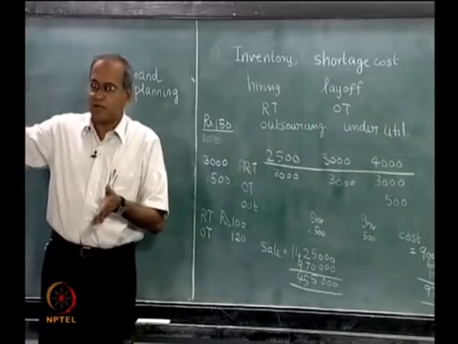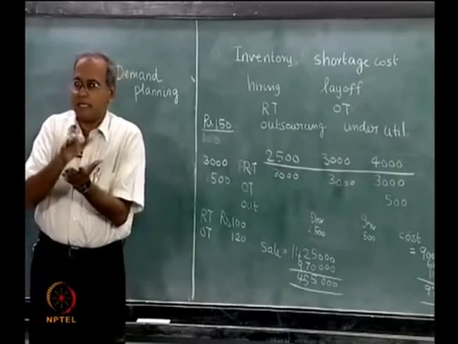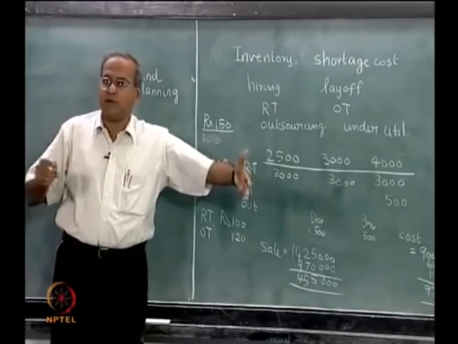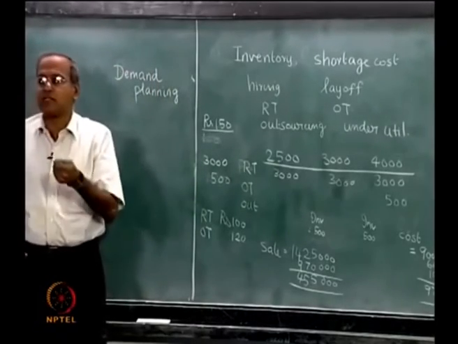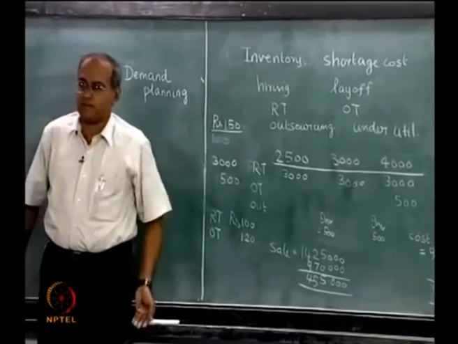So, the peak demand will come down, but the demand gets spread out, and the total demand also increases a little bit because of the discount that is given.